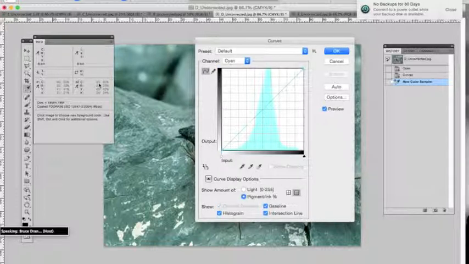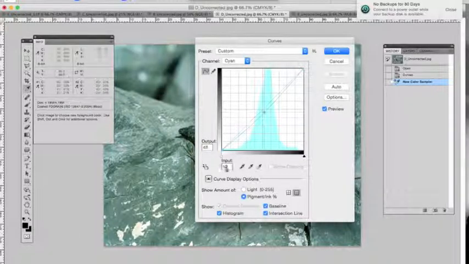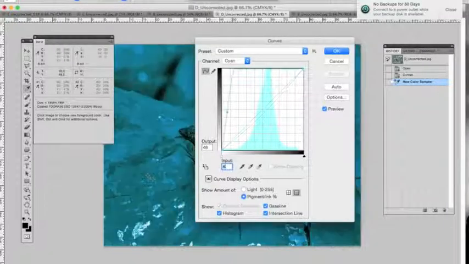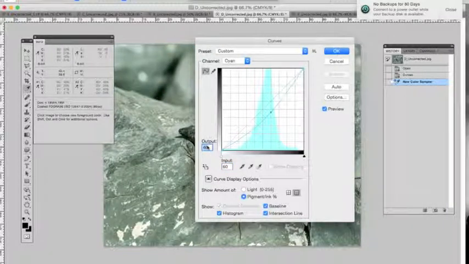So we see cyan is 60. If we're going to balance this to the yellow, we're going to use our 10% rule. So 60 will become 50.